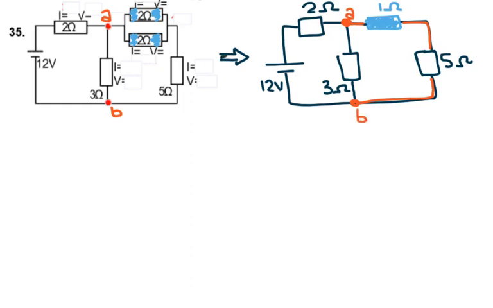So now I can redraw the new circuit into different circuit because they're in series. All I have to do is to add these 2 resistors. So maybe I'll just make them a different color. So this resistor and this resistor will be added together, and that will give me 6 ohm resistor.